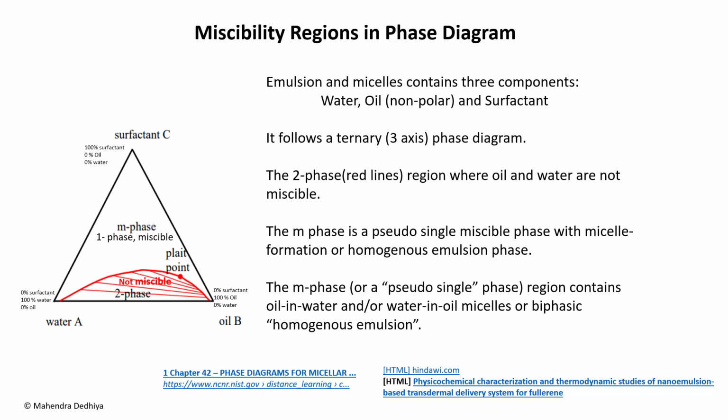Clearly, you can see two phases. M phase is defined as a pseudo single phase, micelle formulation, or homogeneous emulsion phase. In this phase here, we have emulsion. Here we have oil and water separation.